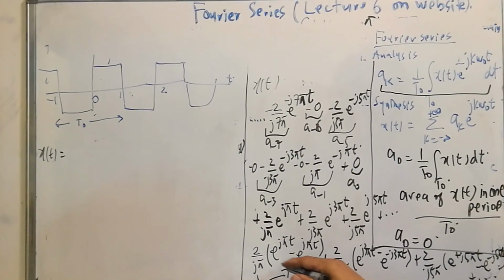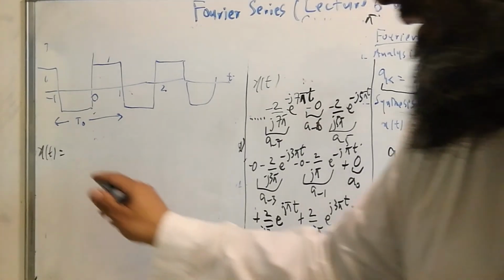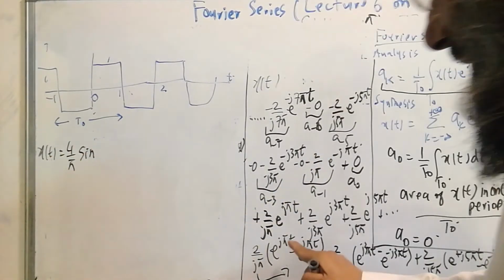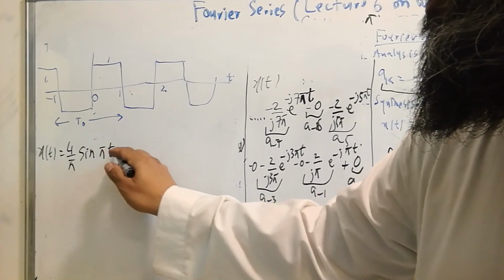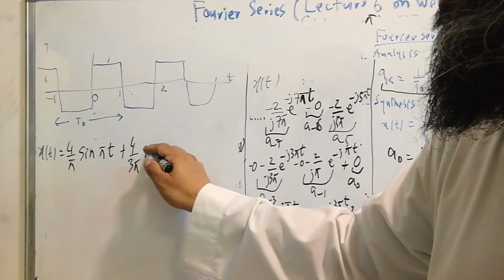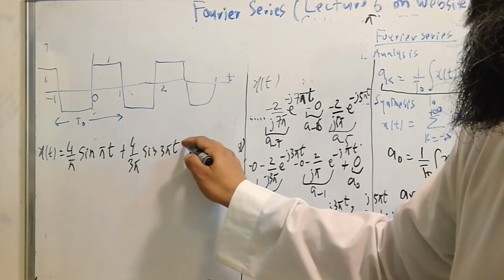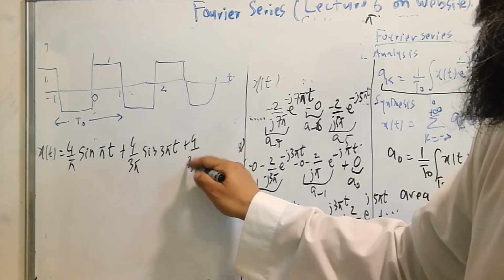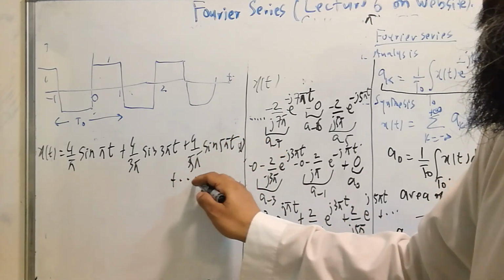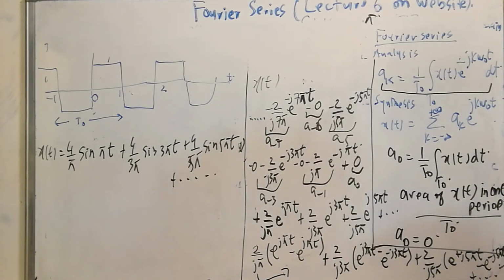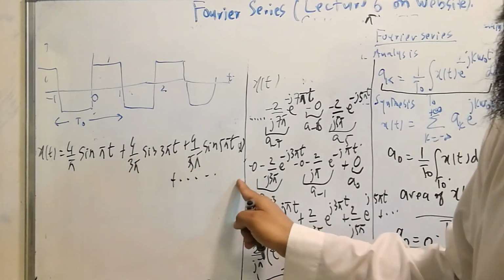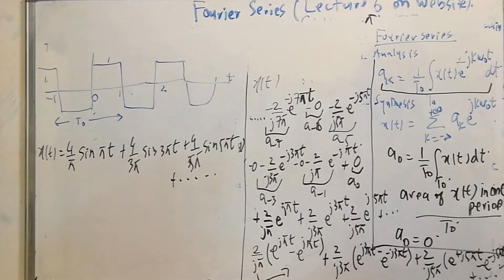So I have to divide it by 2. I have to multiply it by 2. So this will be basically 4. So 4 over pi sine pi t plus 4 over 3 pi sine 3 pi t plus 4 over 5 pi sine 5 pi t, and so on. So this is my Fourier series. So if I add all these values until infinity, I will get the square wave.